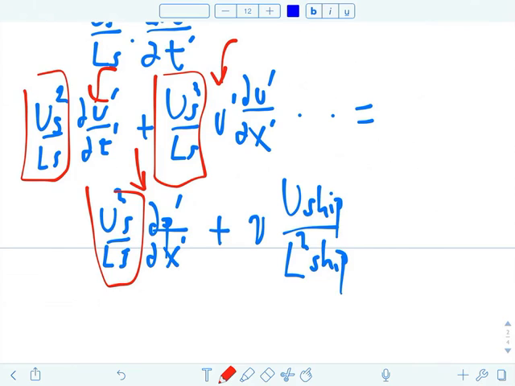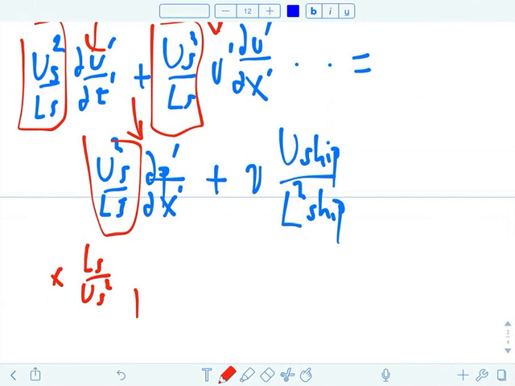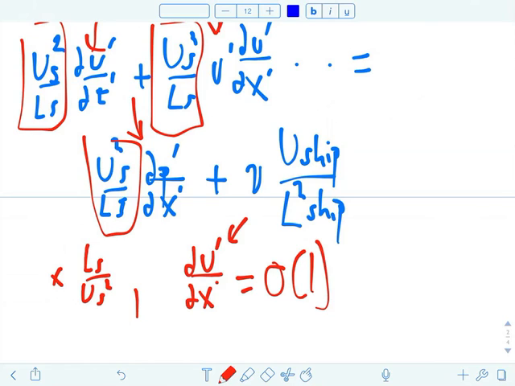Now, if I multiply through by the inverse of that factor, L_S over U_S squared, I end up with an equation. Take into account that each of these terms, for example partial U prime, partial X prime, is of order 1 because my U prime is of order 1, my X prime is of order 1. This term is of order 1, as are all the terms, because I specifically designed the non-dimensional quantities using the correct characteristic lengths.